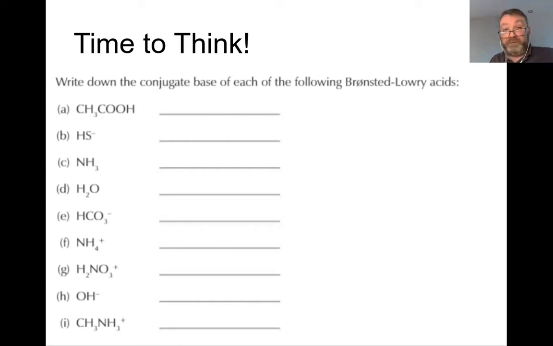Water, for example, was always considered to be just neutral. However, under Bronsted-Lowry theory, it can act as an acid or a base, and that's why we call it an amphoteric substance. We've also discovered that there are acid-base reactions going on all the time, even between two acids, or they can happen in the gaseous phase.